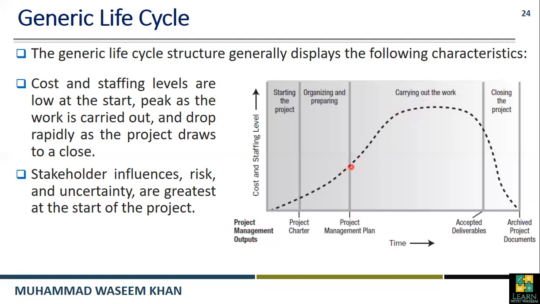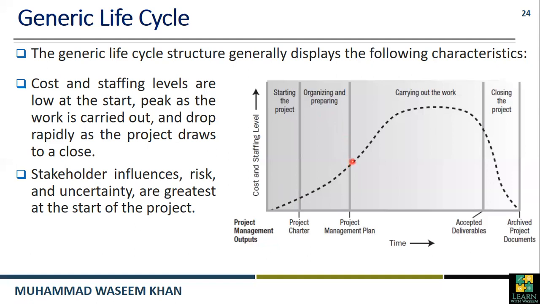So we have to carry out the work, or execute all of those processes that have been planned in the second phase. As you know, the management plan is an output for organizing and planning. It will be an input for the third phase, and that phase is carrying out the project.